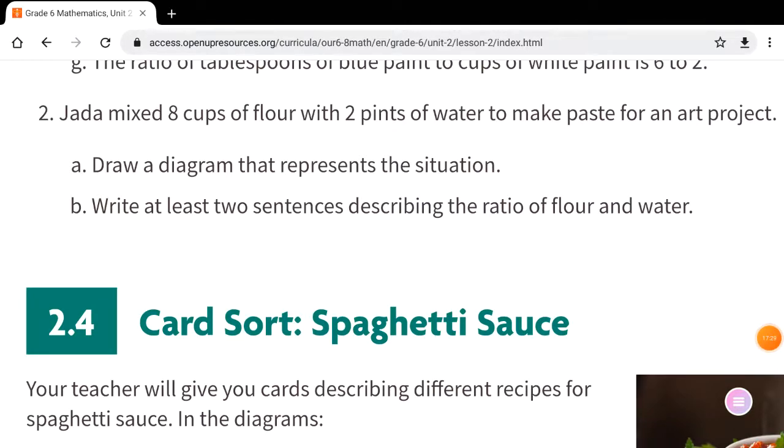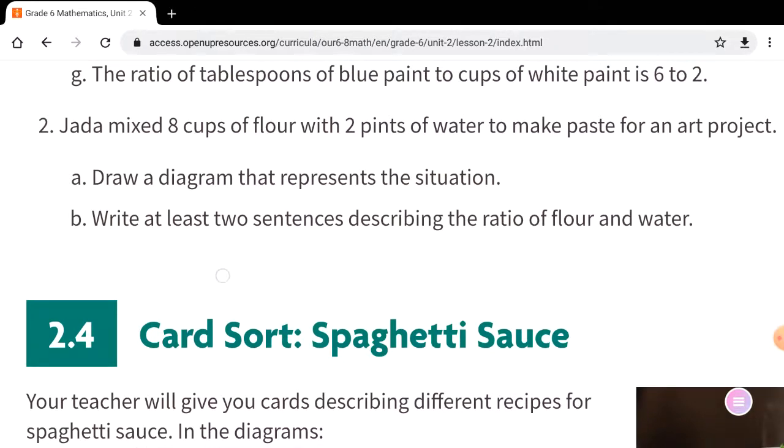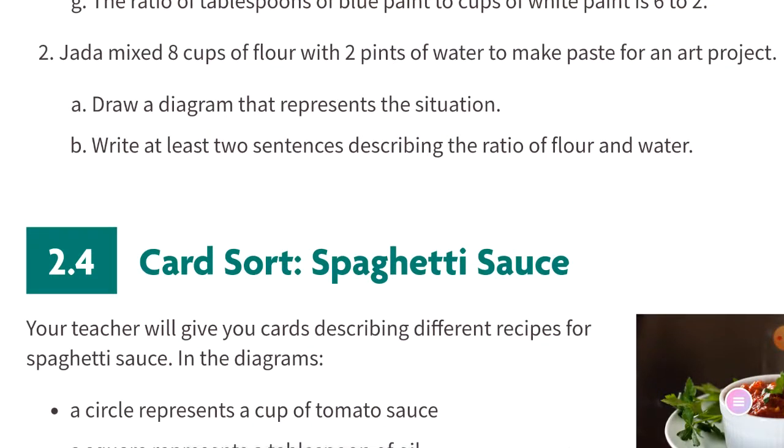Okay, let's go over it. So again, on your diagrams, you can really use any picture, but label your picture so you can keep it clear. I saw a lot of you put like an F for flour, and what's the other one? Water. Okay, so I'm going to put an F for flour, a W for water.